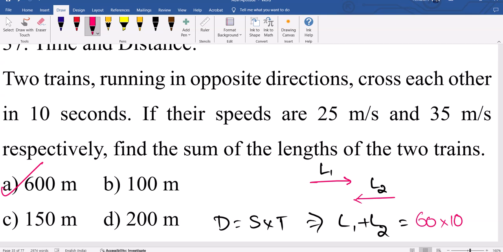In this case, what is the speed? Opposite direction speeds. Both are moving, so opposite direction speeds must be added. Time is distance by speed. What is the distance here? I repeat, train 2 is crossing a man sitting in train 1. What is the distance, please?